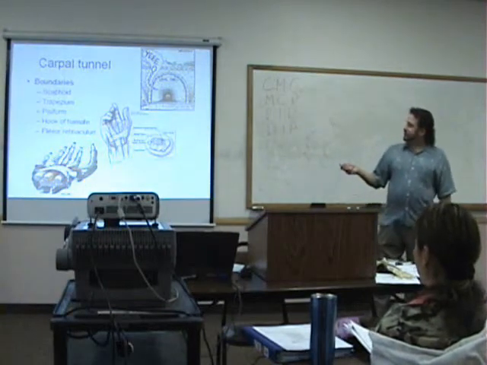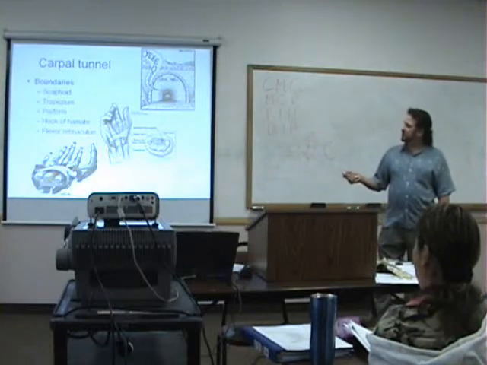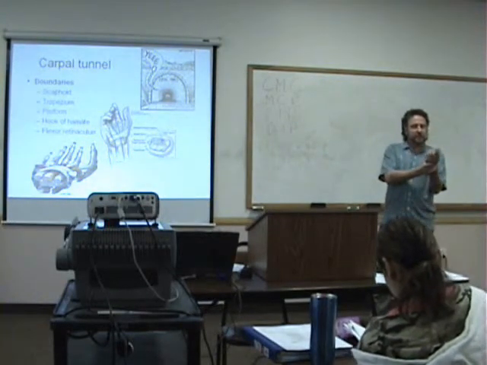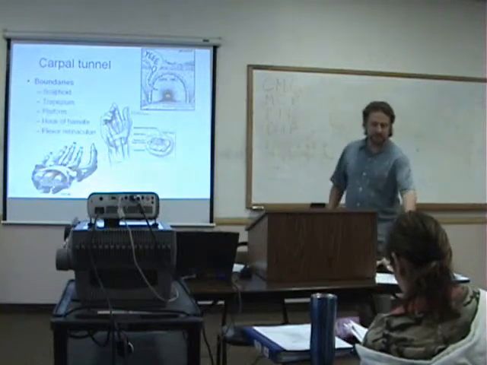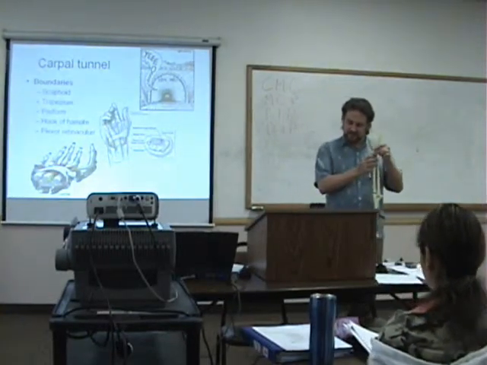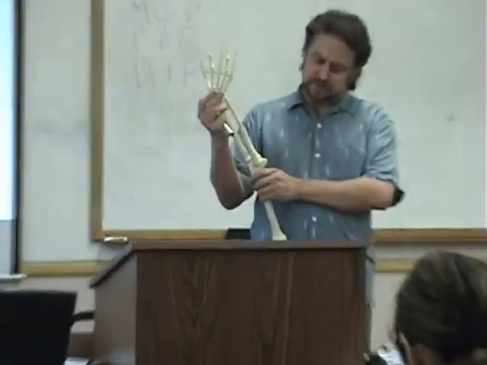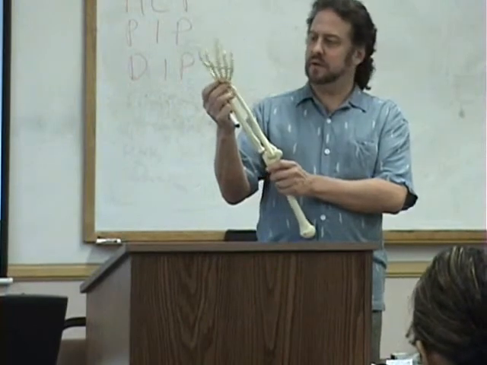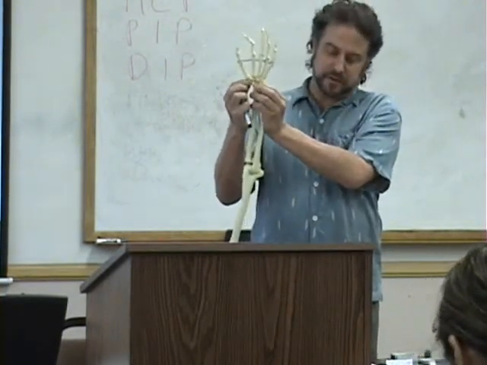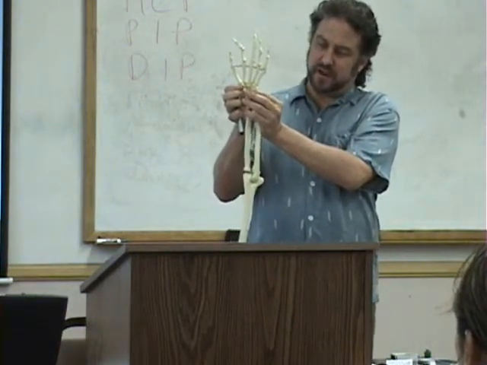So here, they're traveling through the carpal tunnel. The boundaries are mostly going to be bone. So coming across here, we're basically naming the different bones. So you have the navicular or the scaphoid, same thing, and then the trapezium here, and then the pisiform and the hook of the hamate.